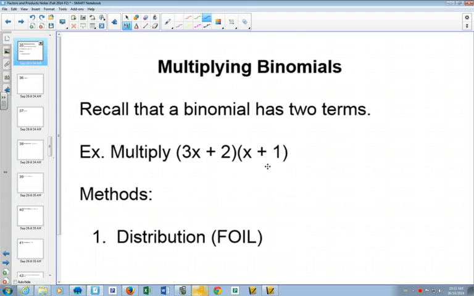So what FOIL stands for is when you're multiplying a binomial times another binomial, you will have to multiply the first terms. So the F stands for multiplying the first terms. You'll have to multiply the outside terms.